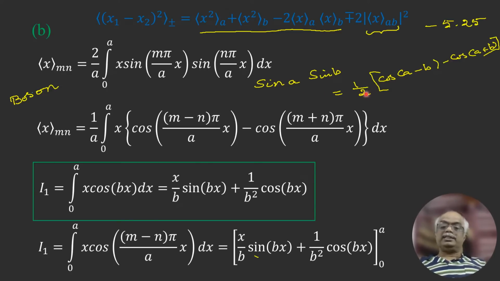So this 1 over 2, I'm cancelling these 2 and these 2. So this will become 1 over a, x cos((m minus n) pi x divided by a) minus cos((m plus n) pi x divided by a) dx.